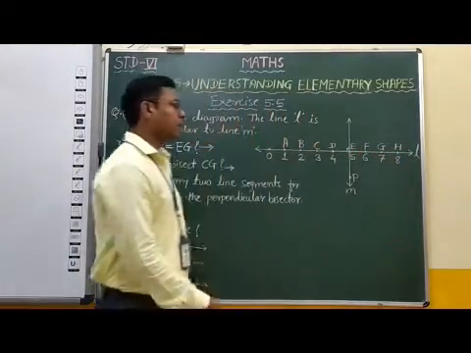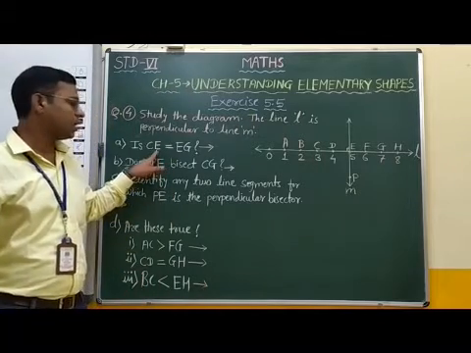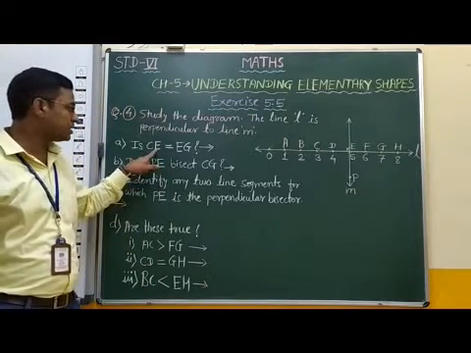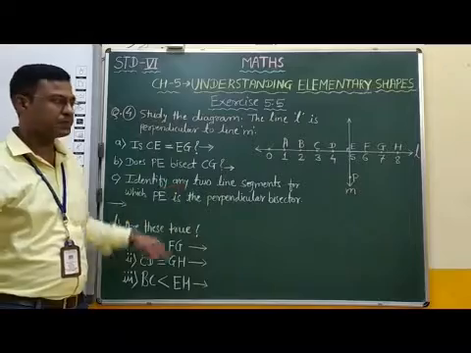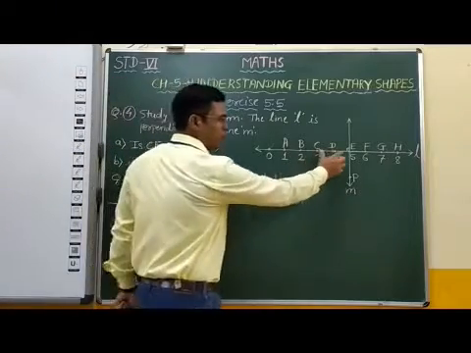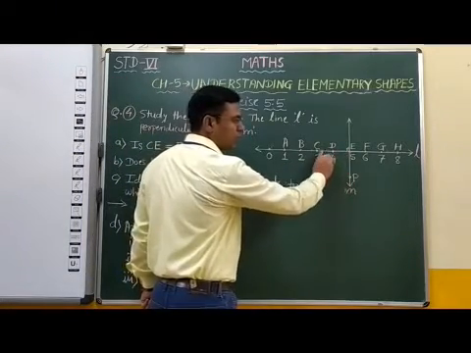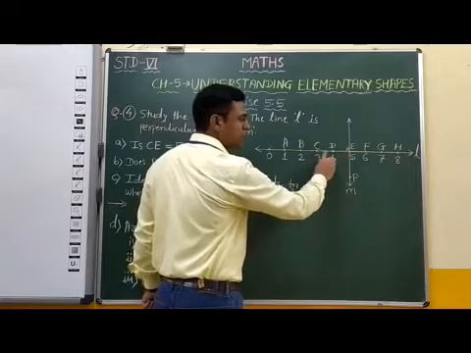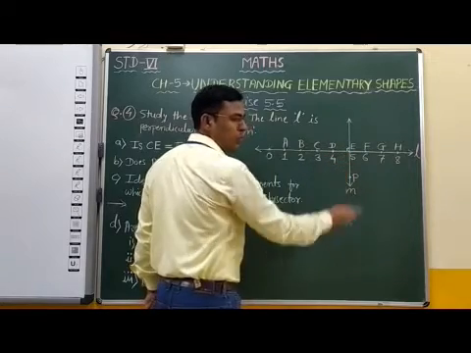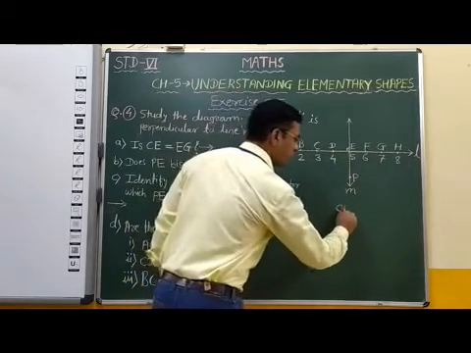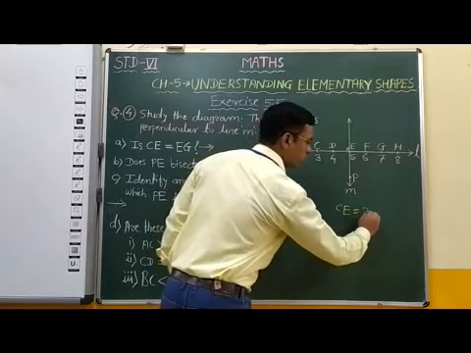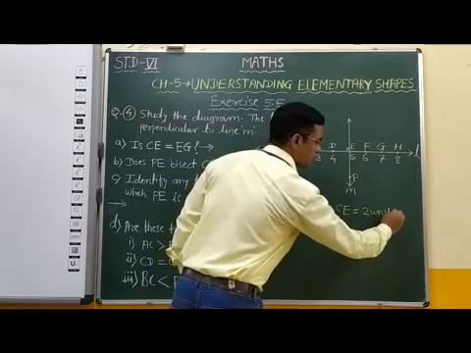The length of CE is 1, 2 units, so CE is equal to 2 units.